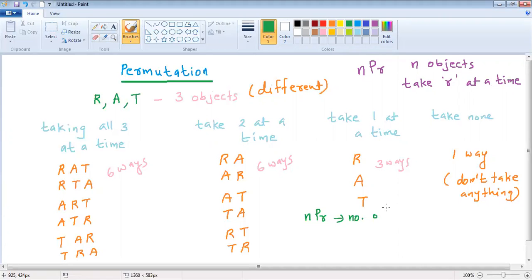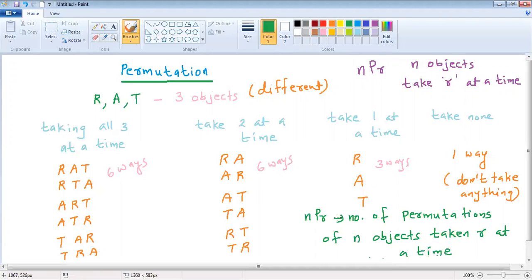number of permutations, or number of arrangements of n objects taken r at a time. So nPr.